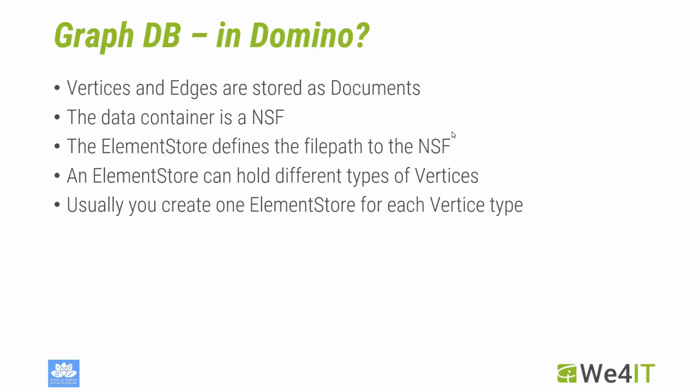One caveat and one bottleneck might be a view that you want to open in the Notes client or even on the Domino server when it comes to searching, because of the index. When I say index, of course an NSF is an index-based application, an index-based database. A GraphDB naturally is not an index-based database, so it normally doesn't have an index, not an index like we are used to.